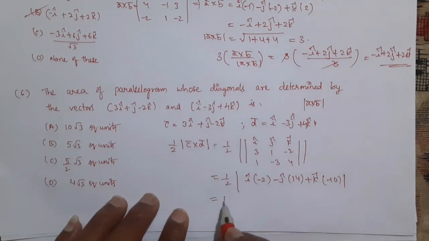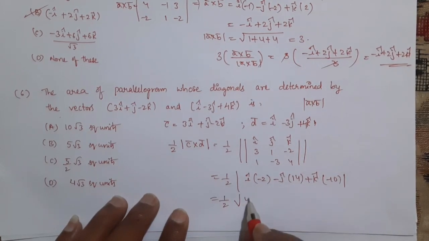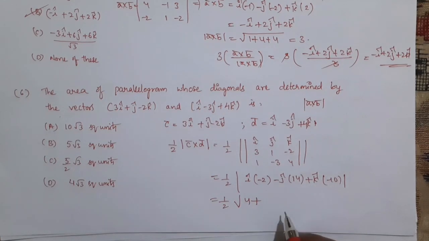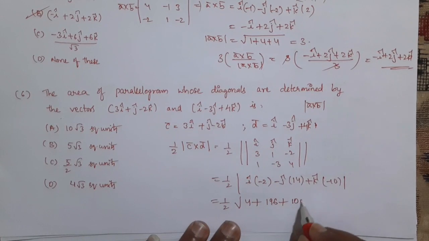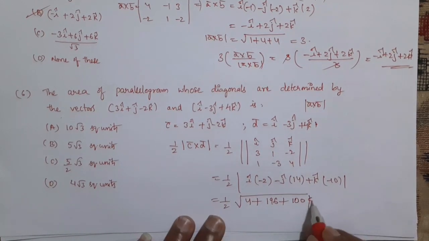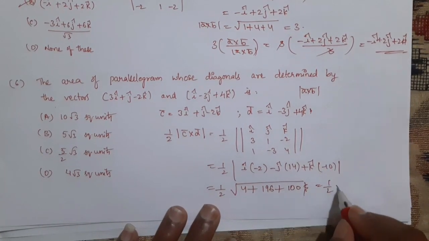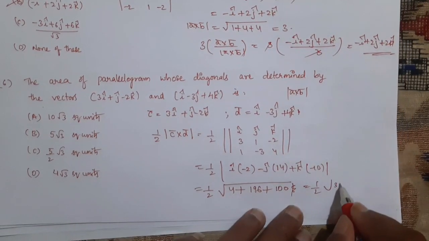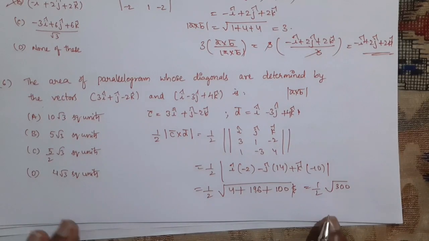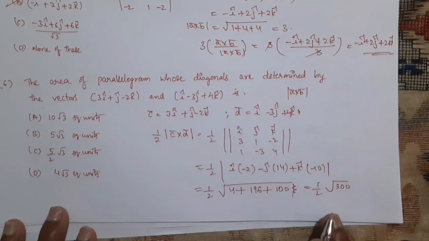For that modulus we have square root of 2 square, 4, and then 14 square, 196, and then 10 square, which is 100. So it will be square root of 196 plus 4, which will be 200. 200 plus 100 is 300. See how to write this. Square root of 300.